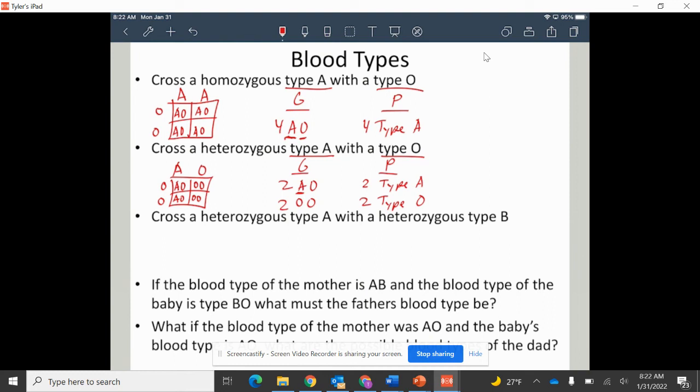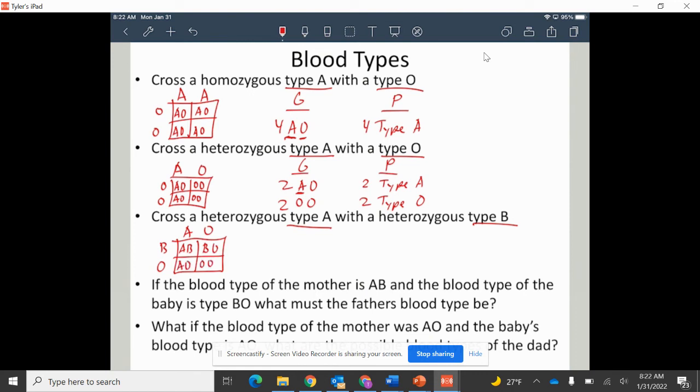Okay. So we're going to cross heterozygous A and heterozygous B. Heterozygous A would be AO. Heterozygous B would be BO. We get AB in the first, BO in the second, AO in the third, and OO in the fourth.